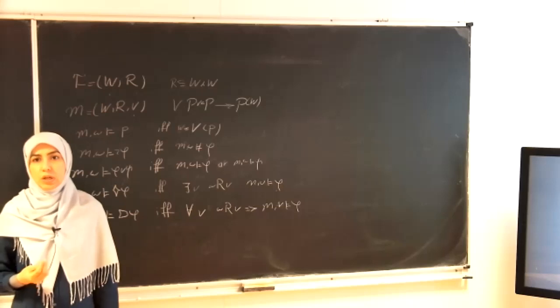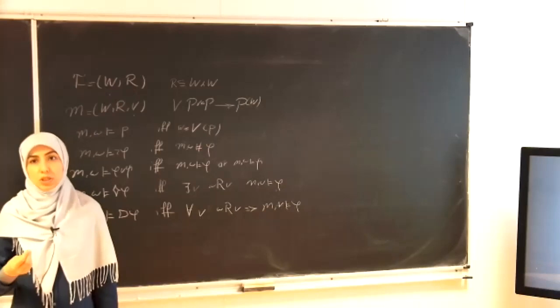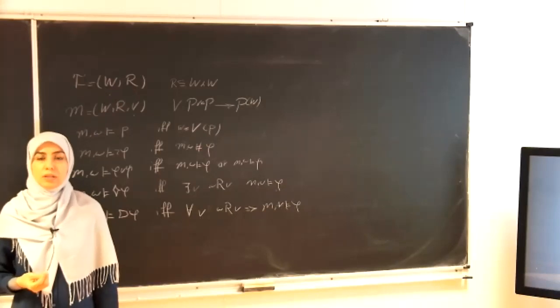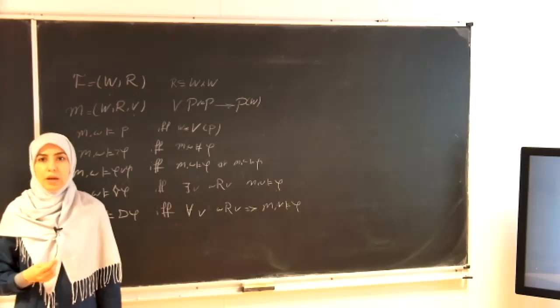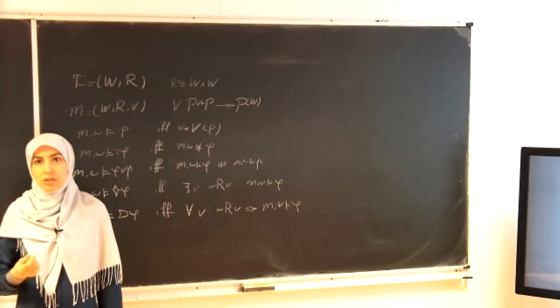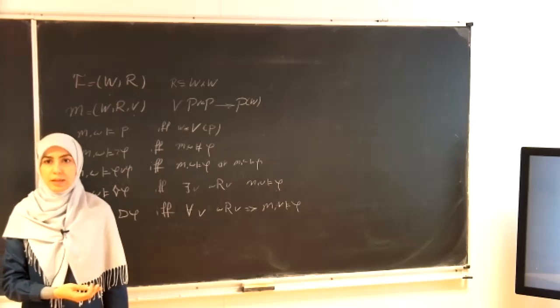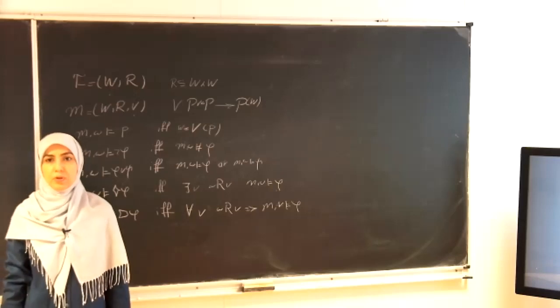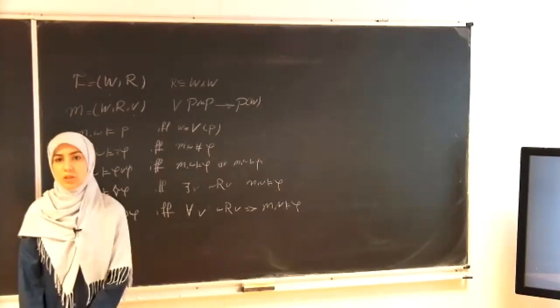One is to consider the modal operator diamond as the closure operator, and the other is to consider the modal operator diamond as the derived-set operator. In some literature, they are called c-semantics and d-semantics. C-semantics is for considering the closure operator, and d-semantics for considering the derived-set operator.